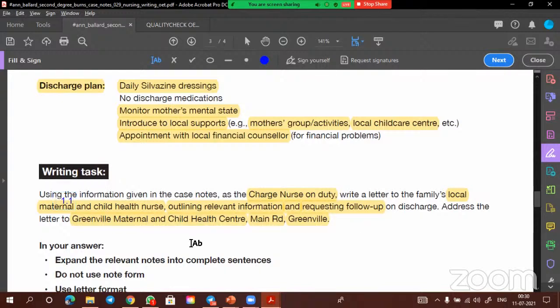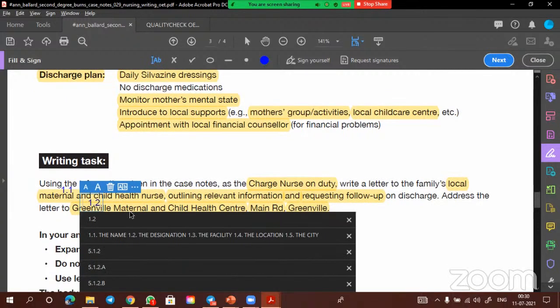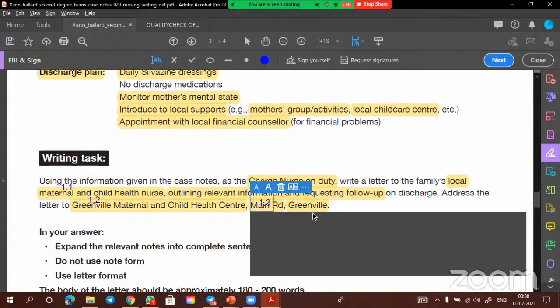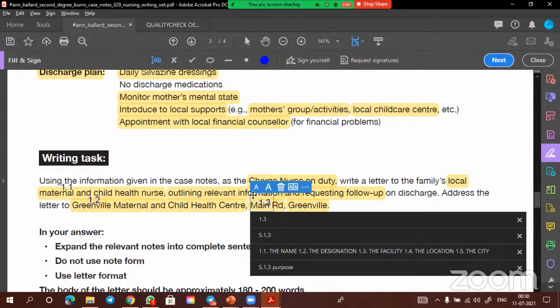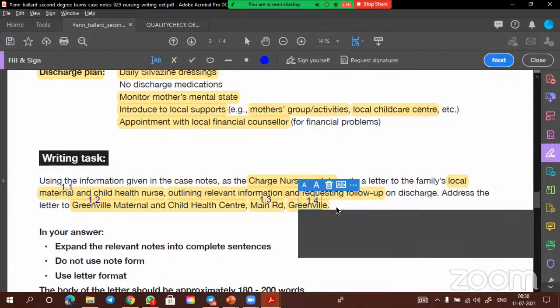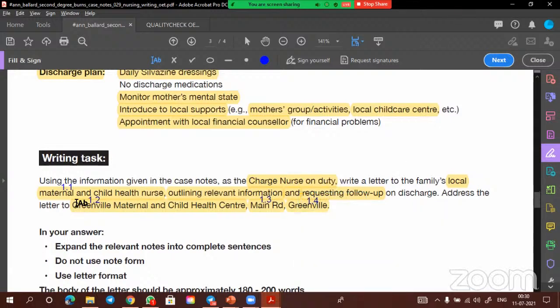Next. Greenville, 1.2. Next one is Main Road, 1.3. Greenville, 1.4. So these are the things that you are going to take.